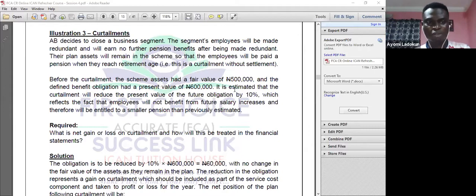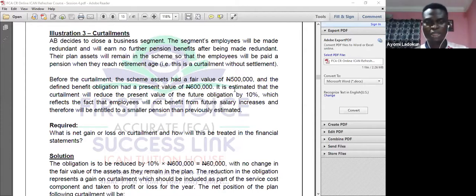Now, before curtailment, the scheme assets had a fair value of 500,000 and a defined benefit obligation had a present value of 600,000. It's estimated that the curtailment will reduce the present value of the future obligation by 10%, which reflects the fact that the employees will not benefit from future salary increases.